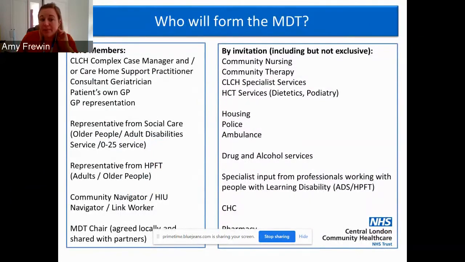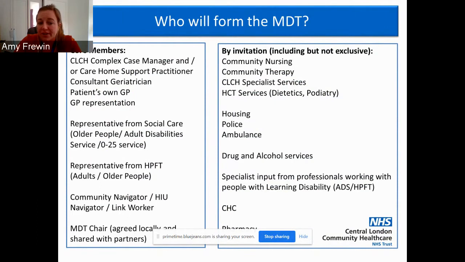So we have commitment from across the organisation to have a core membership of the MDT meetings, and there is some slight variation within that core membership depending on the age of the person or potentially where they live. So we have our complex case managers who are employed by CLCH, or the care home support practitioners, so the equivalent but supporting residents in care homes.